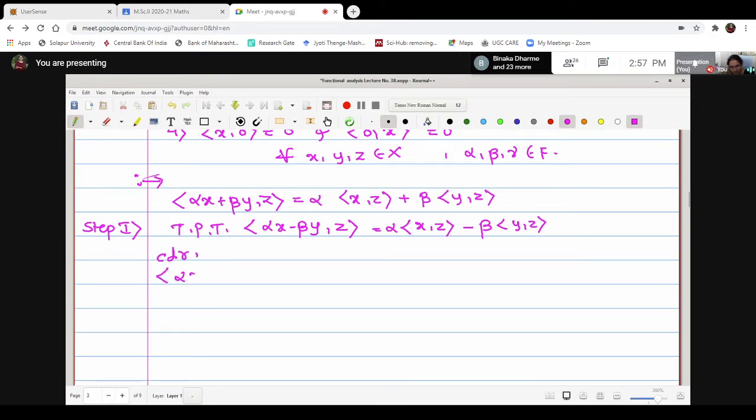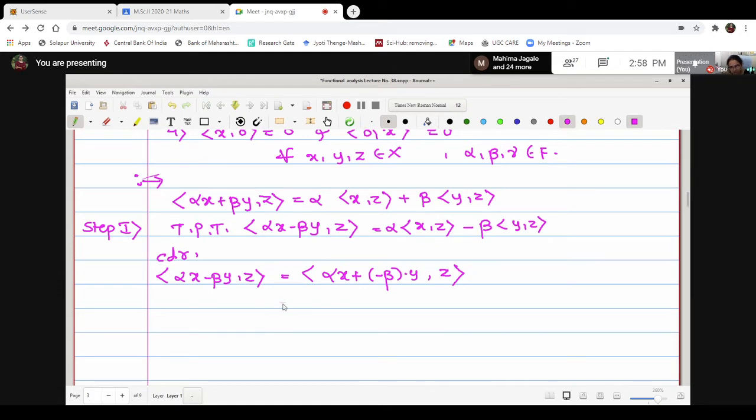Therefore this is alpha x minus beta y along with z. Right, now what we will try to do, we will try to put this quantity in this format, that is we will put a plus sign in between. Therefore I will just write this as alpha x plus minus beta into y along with z. Right, therefore now we are ready to use this property, alpha x plus a scalar into y, beta y.